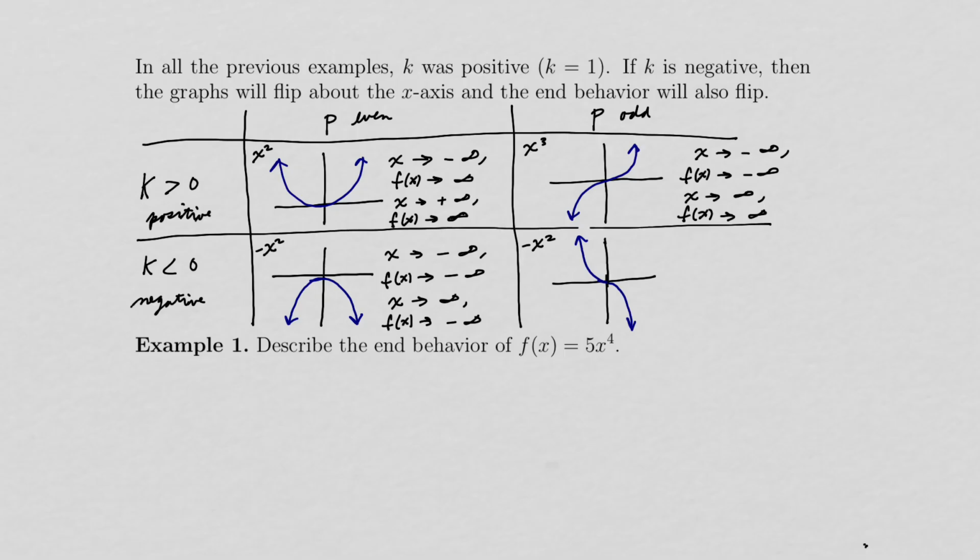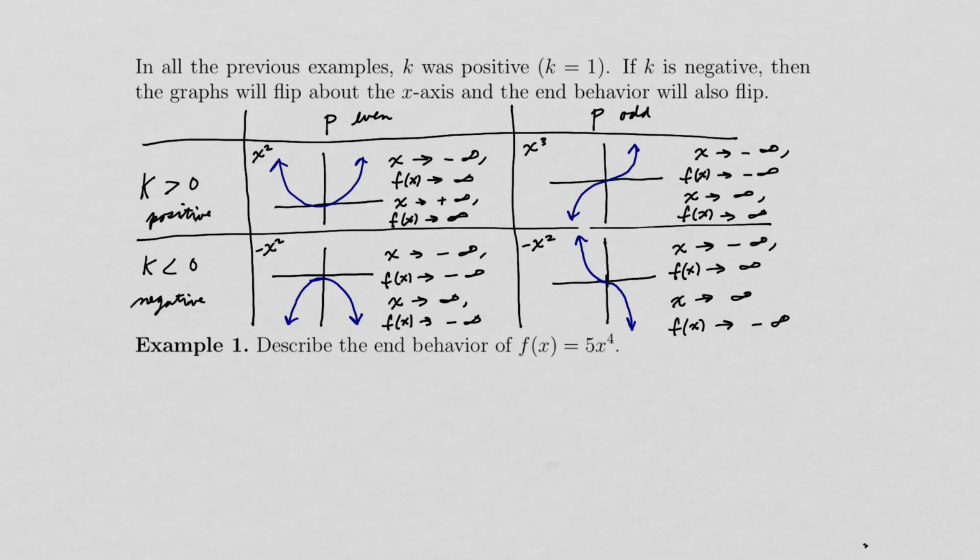Okay, so in this case, as x goes to negative infinity, now the function goes to positive infinity. And as x goes to positive infinity, the function goes to negative infinity. Okay, so that's going to be true if the k is negative, it just flips what you would think, right? The graph flips. So the long range or the end behavior is going to be the opposite of what it was.